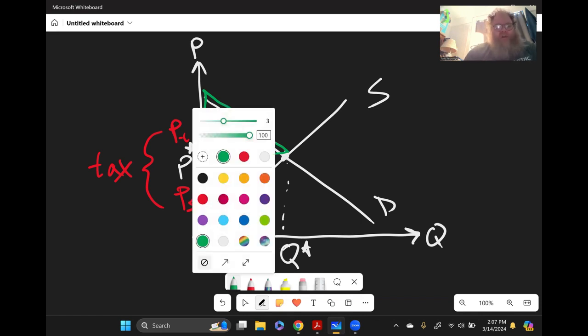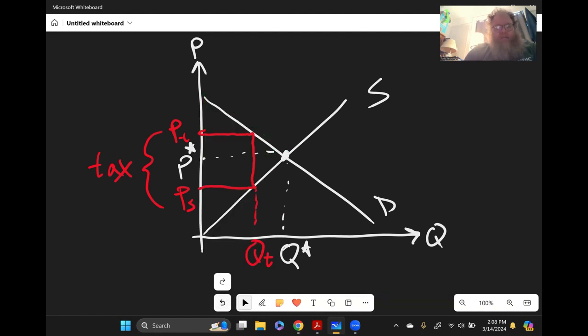And then after the imposition of the tax, the consumer surplus now is only that red triangle. So the after tax consumer surplus is considerably worse than the pre tax consumer surplus.